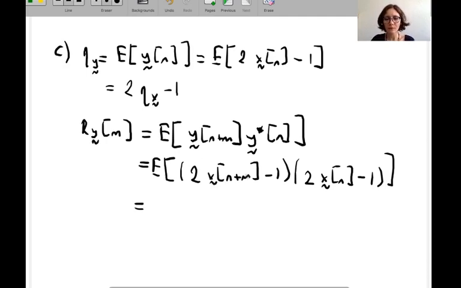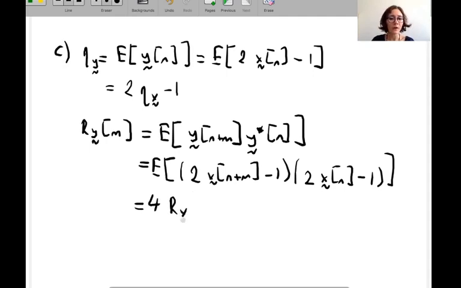You have two terms in here, you'll multiply them. So the first term, 2x of n plus m times 2x of n. 2 makes already 4, goes out of the expectation. Then you're left with the expectation of this term times this term. But what is it? This is the autocorrelation function of x, right?